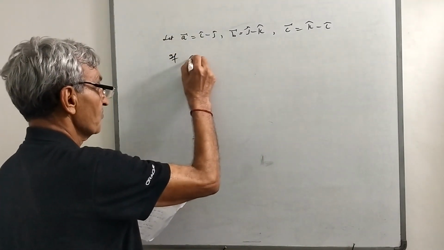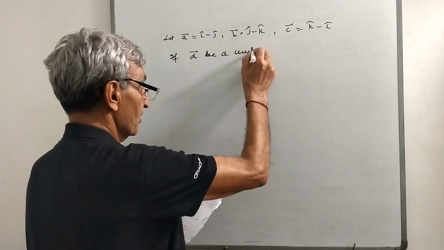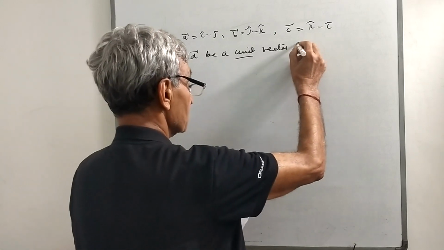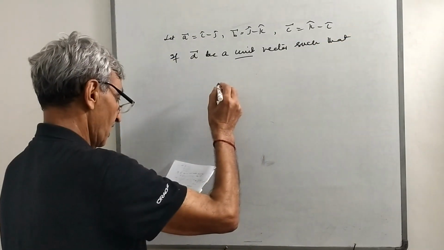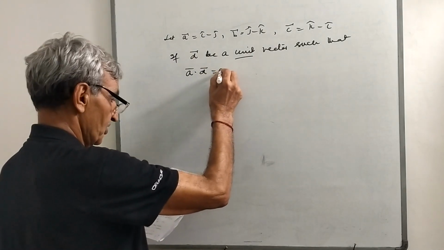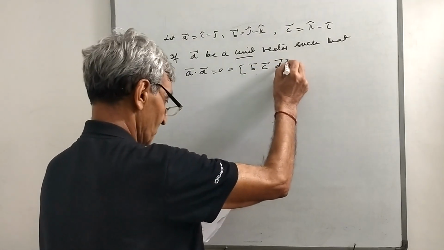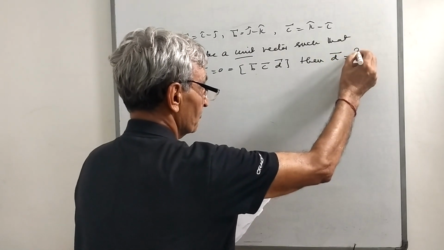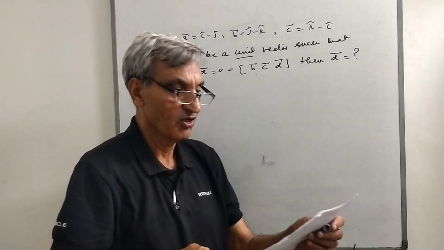And D is a unit vector such that A dot D is equal to 0 is equal to [B C D]. Then find D. Options are given, such as i plus j minus 2k.